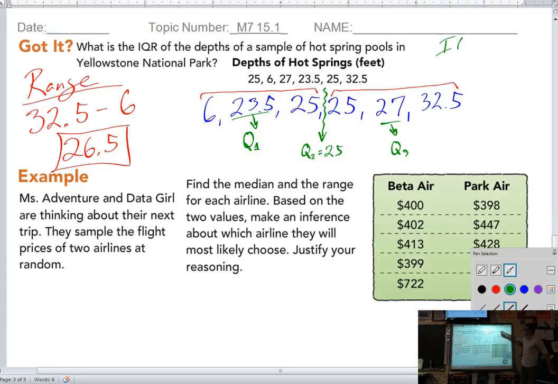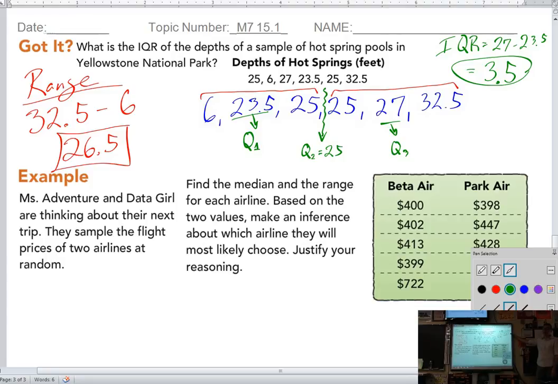So off to the side somewhere, we're going to do 27 minus 23.5, and that will give me 3.5. Holy cannoli. My entire range was 26.5, but the middle 50% only ranges by 3.5.